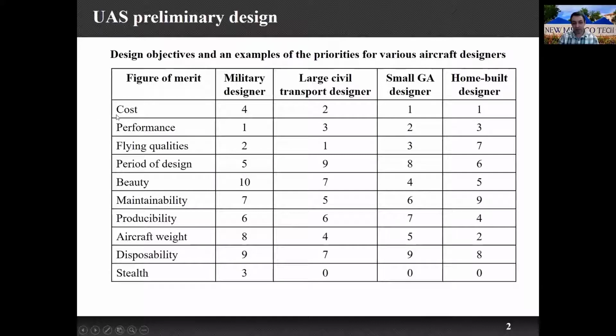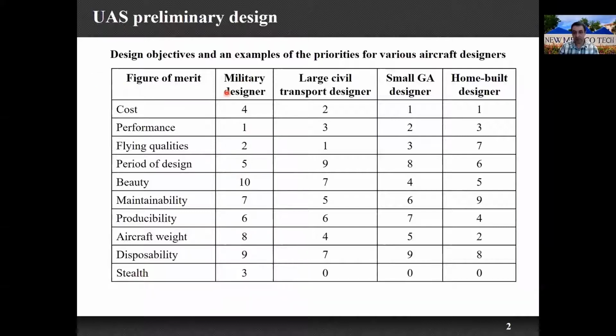These are the components that we need to consider when you want to design different types of aerial systems, for example cost, performance, flying qualities, period of design, beauty, maintainability, producibility, aircraft weight, disposability, and stealth properties. These are the different components that we need to consider when designing different types of unmanned or manned aerial systems.